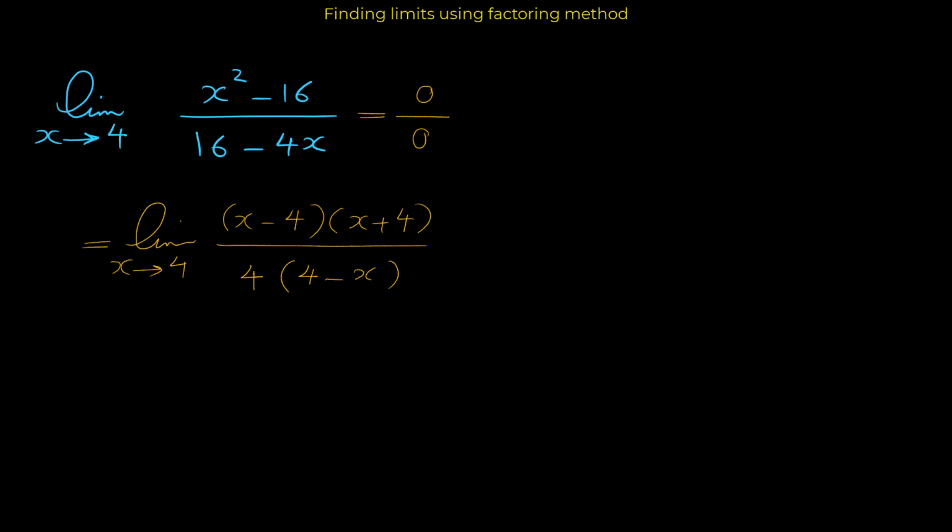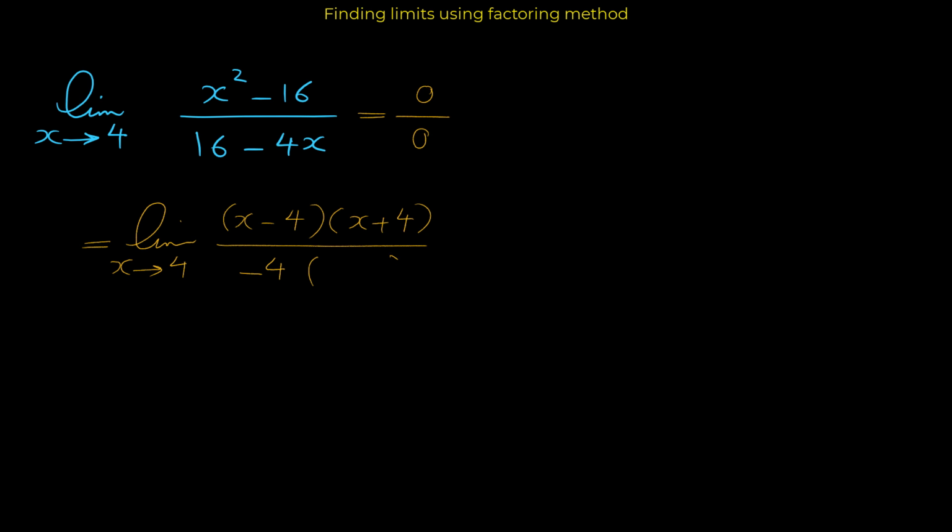But maybe it's a better idea to factor negative 4. And then instead of having 4 minus x, you get x minus 4, and simply you can cancel x minus 4 with x minus 4. So let's do it. So we factor negative 4.